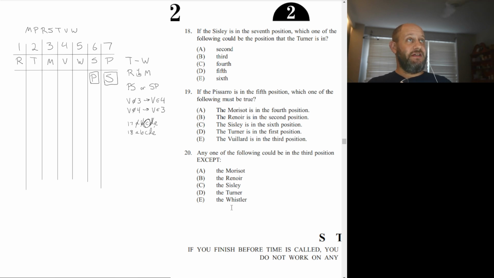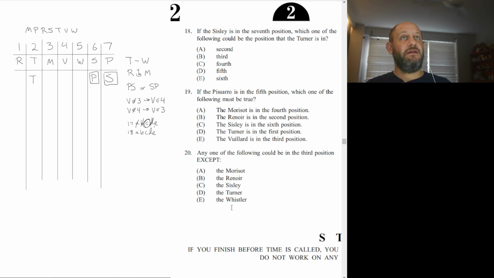Can I put T second? The question asked could be true, so my job is to try each of them. One of them won't break any rules. The other 4, when I attempt them, will break a rule, and they can't be the answer. So let me try to put T second and see if I can create a scenario that works.